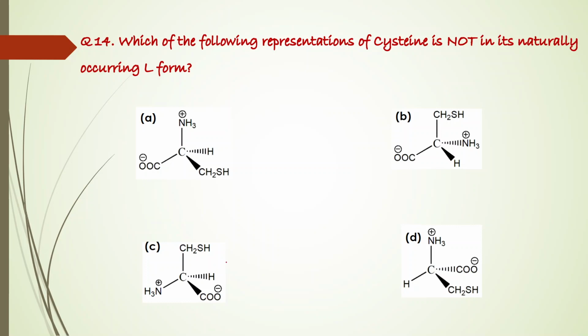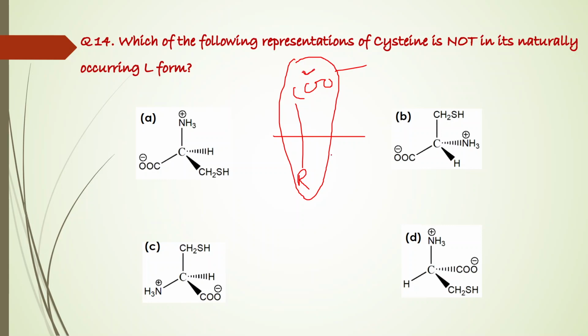While determining D or L, one thing you must remember: see, if this is your Fischer projection, you place your COO minus in the upward direction and your R group in the down. So the whole carbon chain is in the vertical position and COO minus is up. Once you get to that, in your Fischer projection, if the NH3 plus is on the left side, then we call it L form, and if the NH3 plus is on the right side, then we call it the D form.